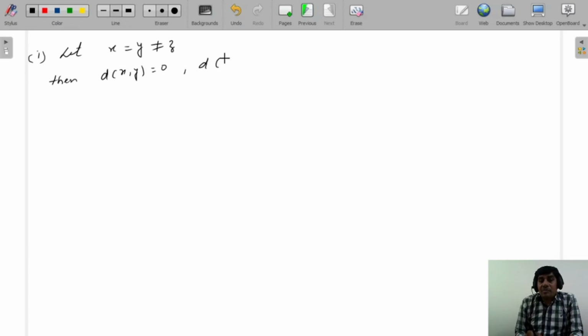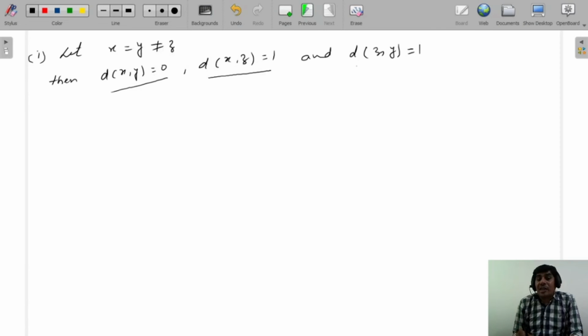Distance between x and z is equal to 1, and distance between z and y is also equal to 1. Because x is equal to y, therefore distance is equal to 0. x does not equal z, therefore distance between x and z is equal to 1. y and z are distinct, therefore distance between z and y is also equal to 1.